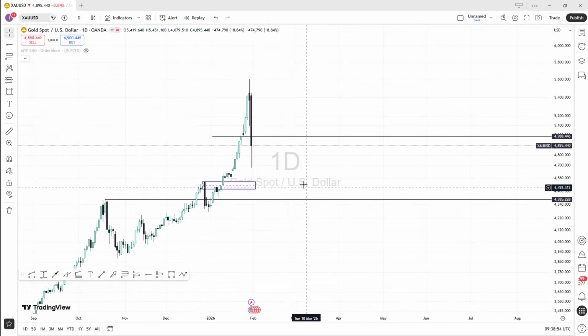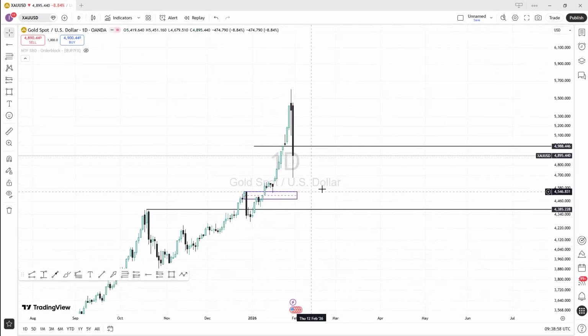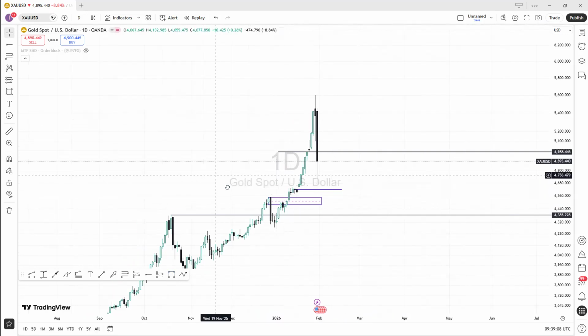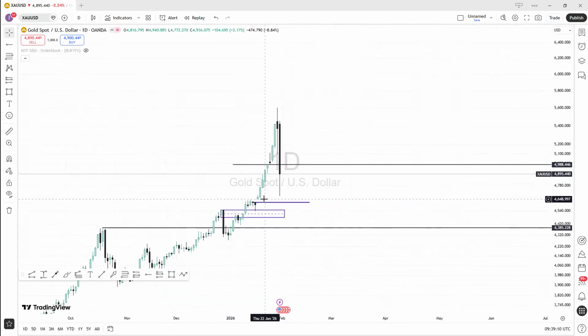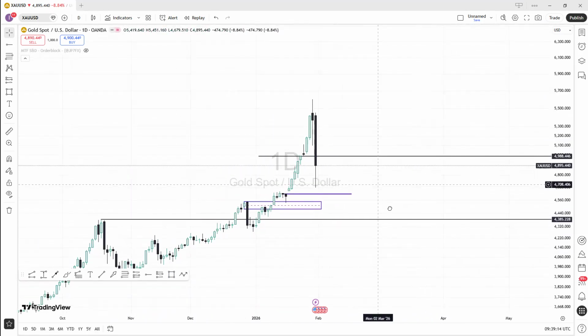Let's draw a daily breaker block, and you can see it is already tested. So there is no probability that the price will drop until that area. Here you have an unmitigated volume imbalance. So it is unmitigated.